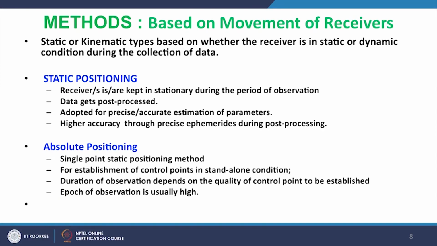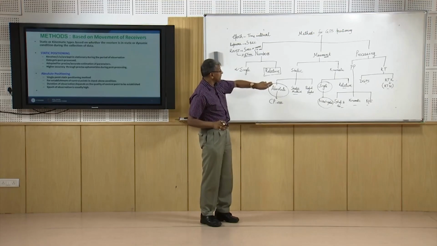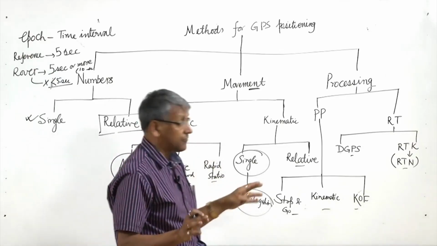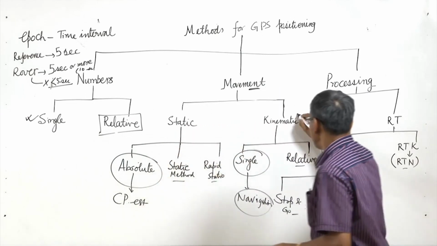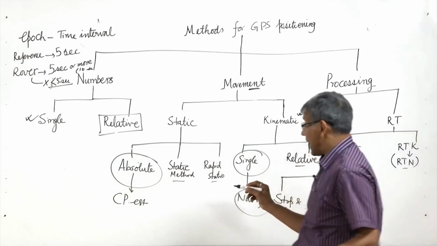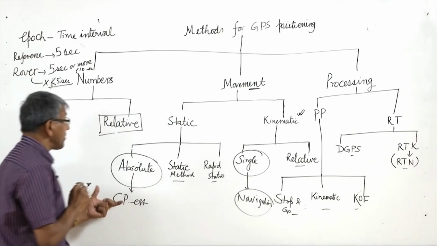Next, let us take into consideration the movement. As I told you, the receiver may be in a static condition when it is not moving, and kinematic condition when it is moving, and again static condition, it may be absolute.